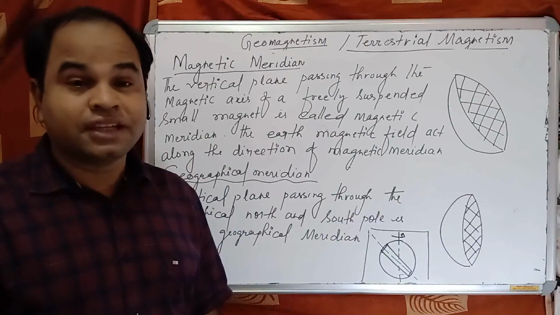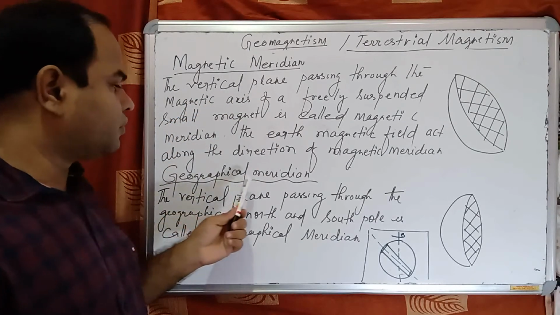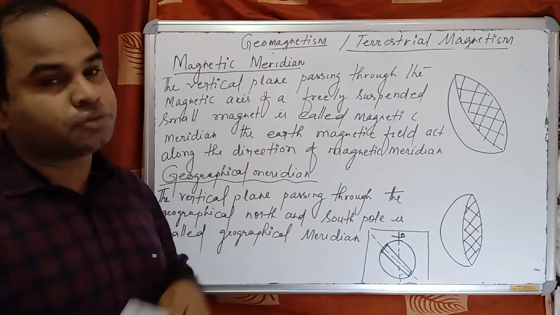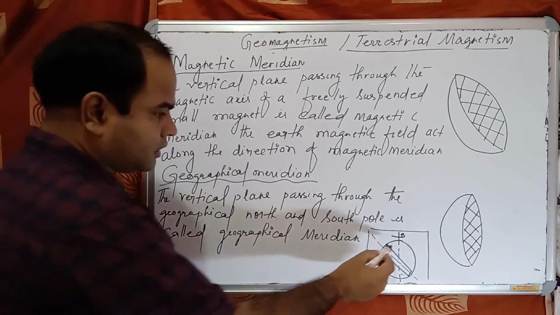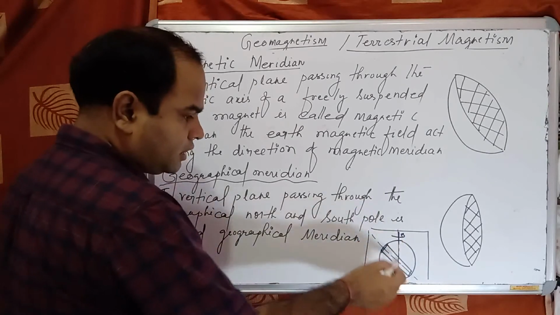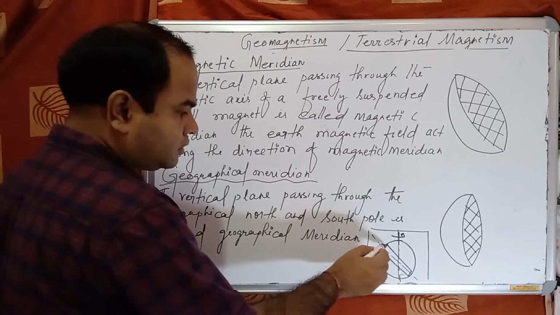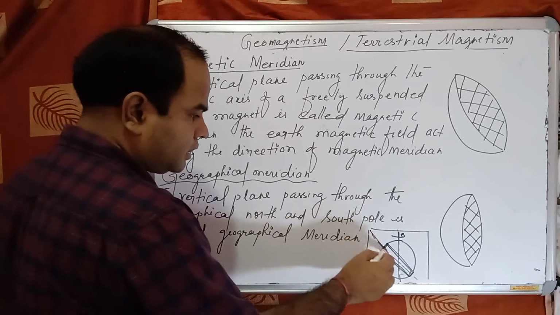Next is magnetic meridian and geographical meridian. This is the earth and this is the geographical axis, and this is the earth magnet and this is the magnetic axis.